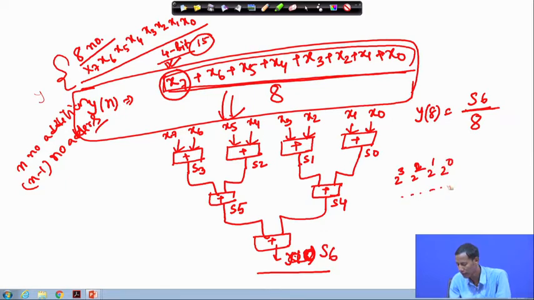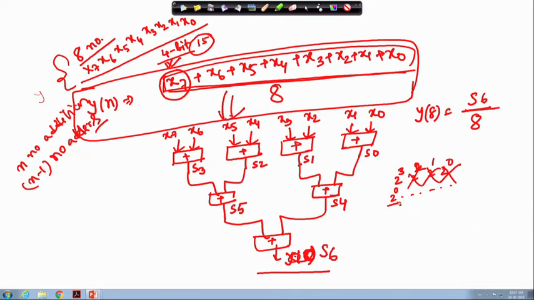So, dividing by 8 means if I discard these 3 positions, the weight now starts from 2 to the power 0. That means I am doing divide by 8 by truncating the last 3 bits. So, I do not need any extra hardware for this division operation. This is the parallel implementation of this circuit.